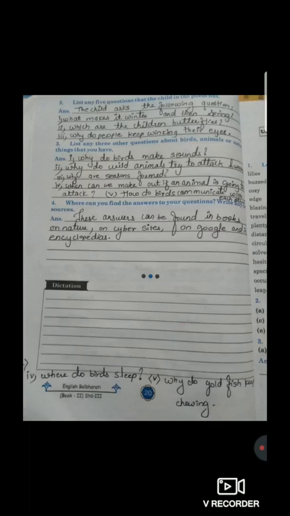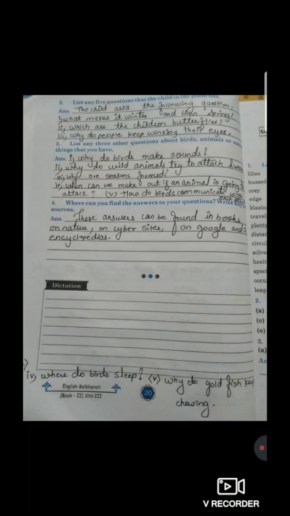The very first point I have written, why do birds make sounds? Second one, why do wild animals try to attack humans? Third one, why are seasons formed?